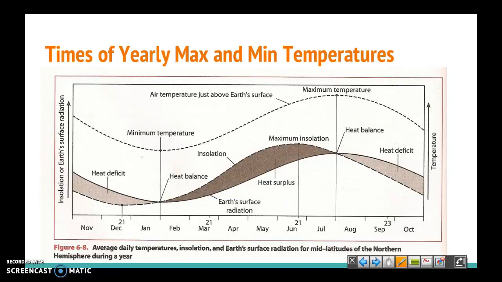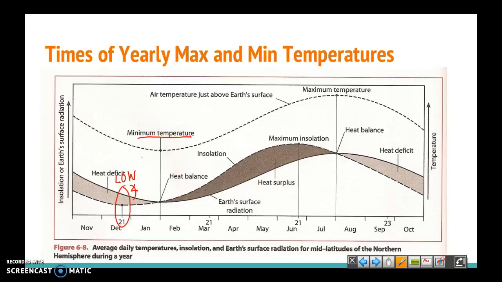So if I look at the lowest angle of insolation, that's my lowest angle. But notice the minimum temperature is about a month and a half later, there near the end of January. And I wonder why that is.